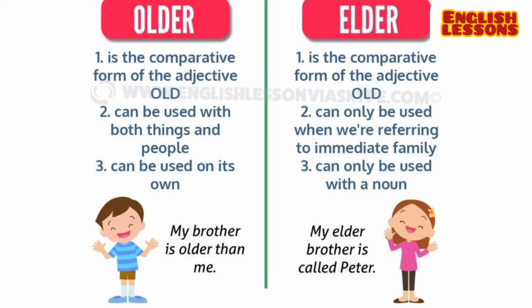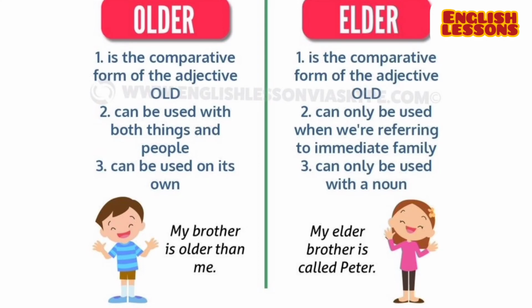Comparative form, that's same. Number 2, older can be used with both things and people. Number 2, elder can only be used when we are referring to immediate family. Number 3, older can be used on its own. Number 3 of elder, elder can only be used with a noun.